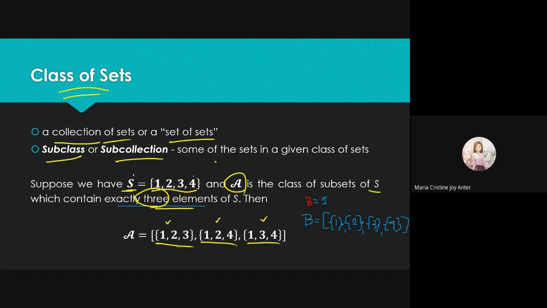This is the class of subsets containing exactly 3 elements from S.